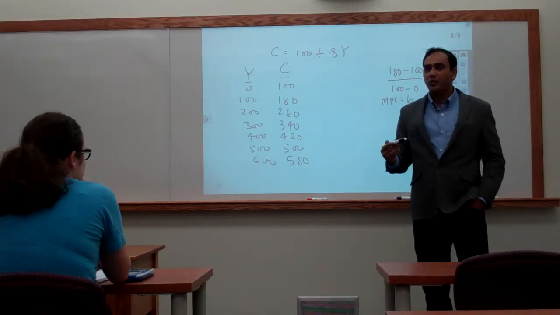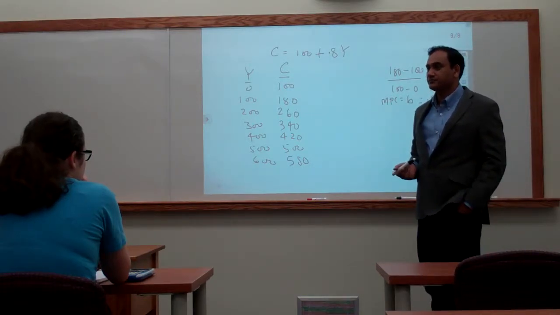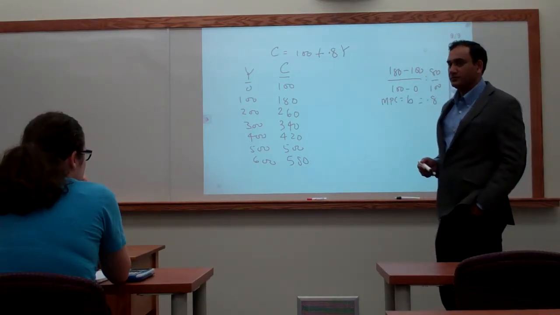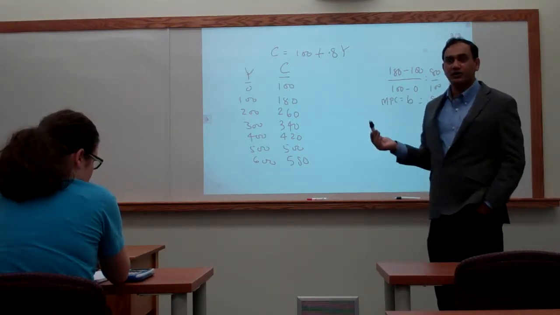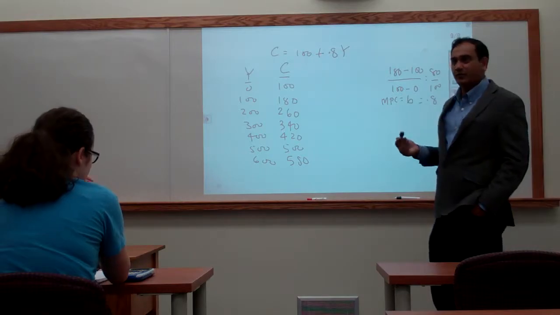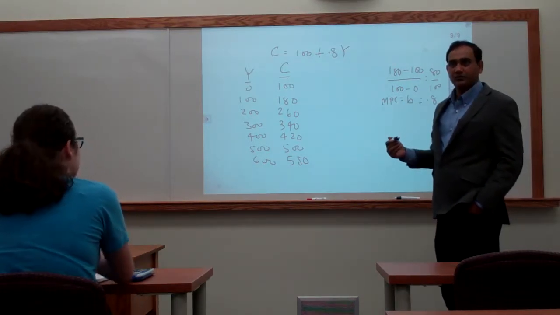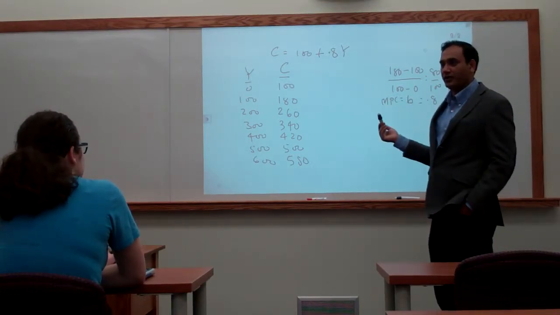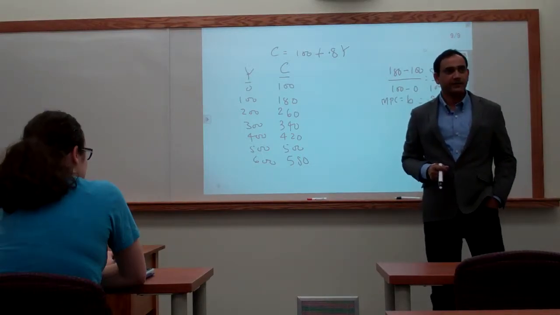What is A now? That's the other thing you have to identify, and then you are done. A equals to what? 100. You look at income equals to 0 and the corresponding level of consumption. So the moment you identify A, your consumption function is A plus B times Y. So A is 100, B is 0.8 times Y. You can write that equation, isn't it?